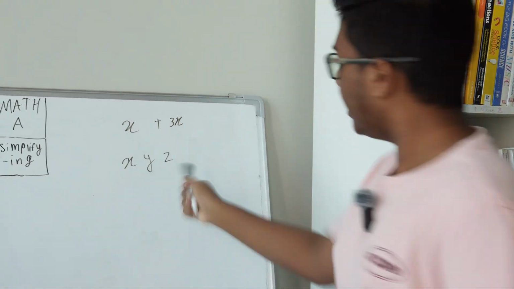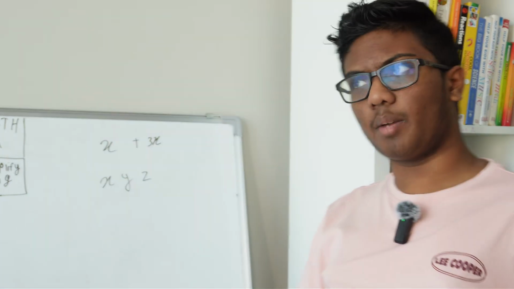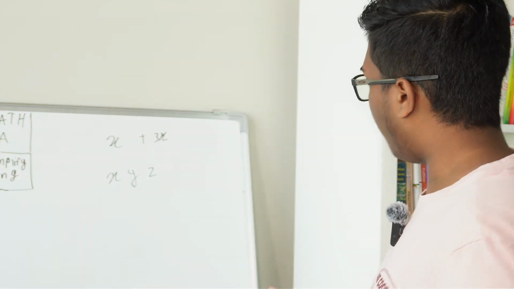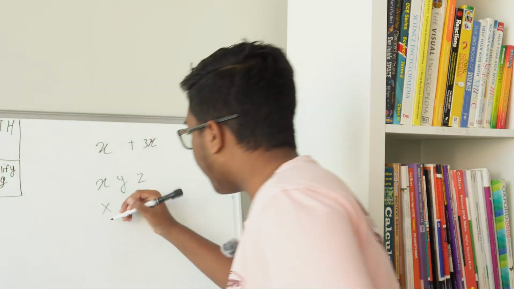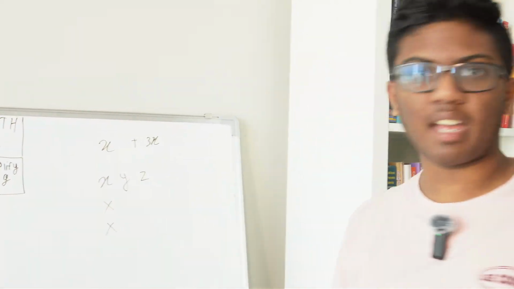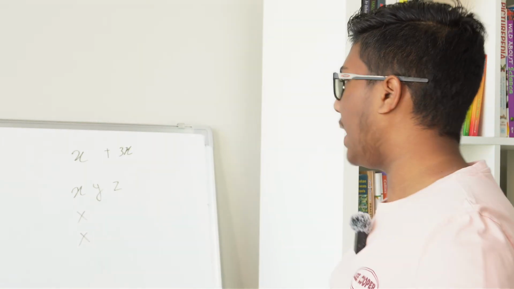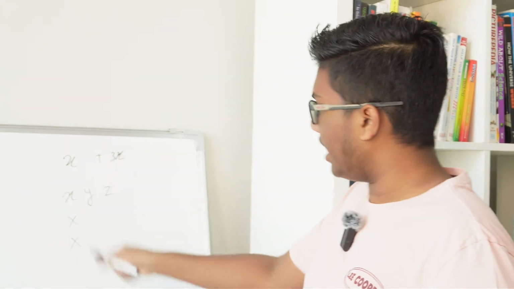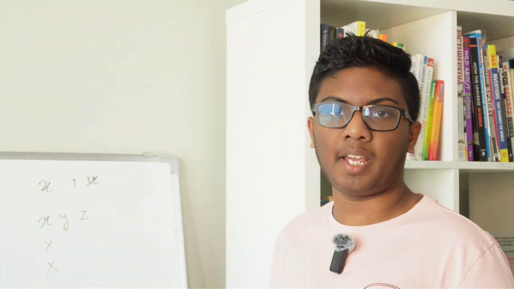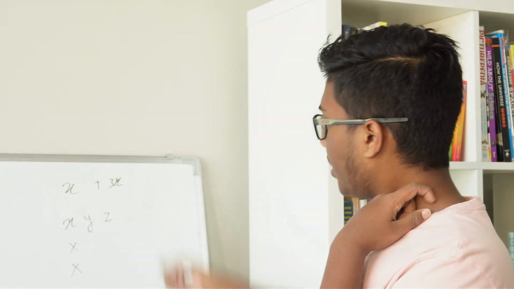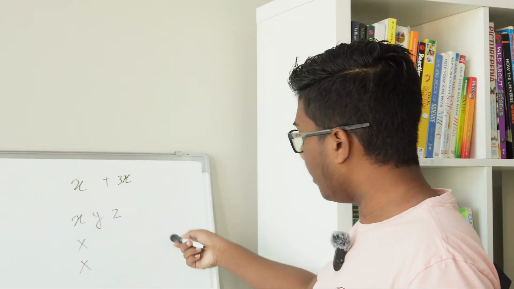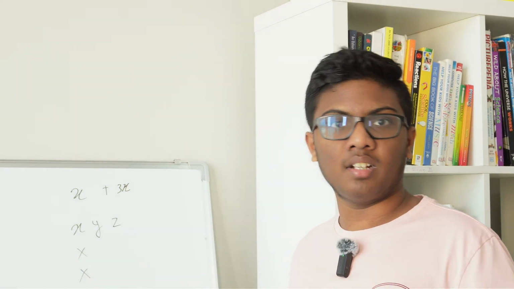These three are the most commonly used variables. Now can you see a problem here? If I compare the x to the multiplication sign and then the multiplication sign to the letter x, you can see a big problem. These three look nearly the same, which is exactly why we exclude the multiplication sign from all instances of algebra. Because we don't want to confuse a variable with an operator or another variable.